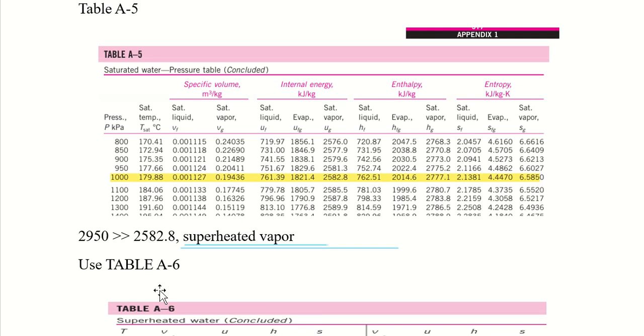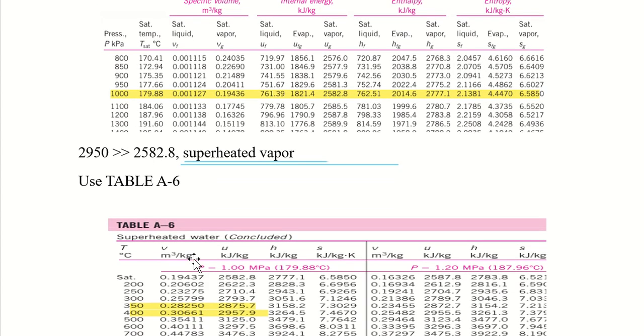So I hope now you get the idea. This was a test. And why do we test using the saturation table? Because it's convenient. Now we actually know that the table we were supposed to use in the first place is table A6, but we would not know without using this first.